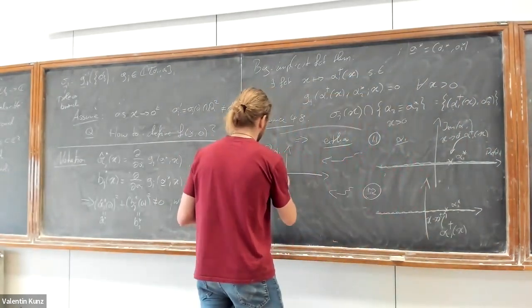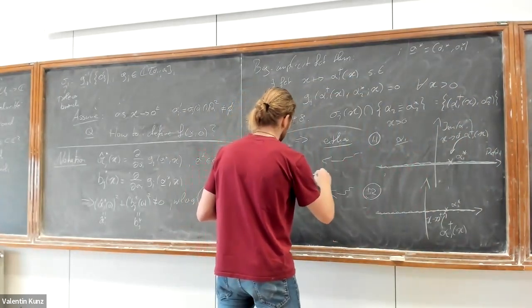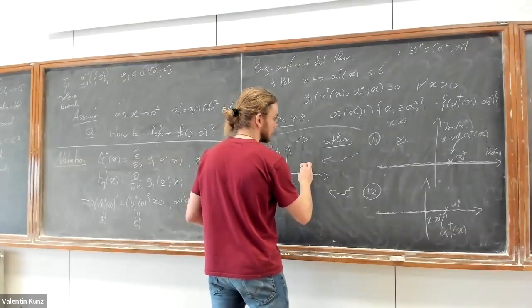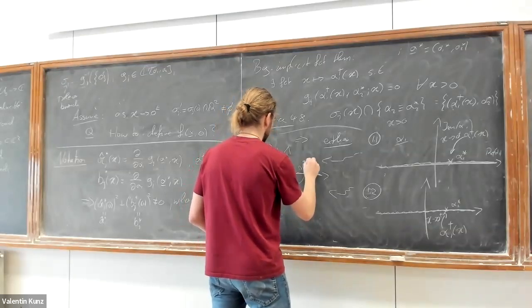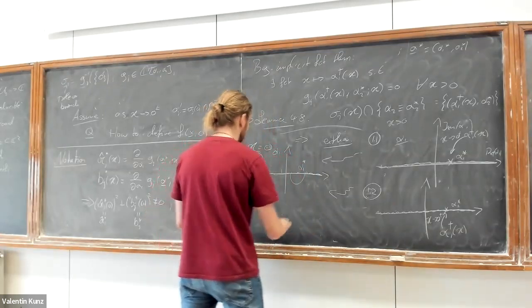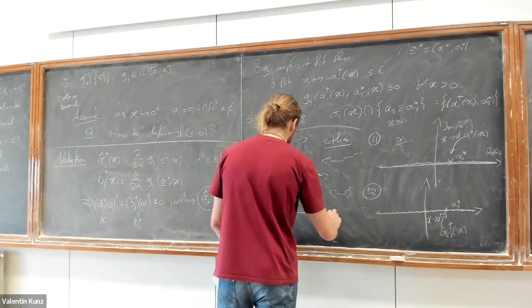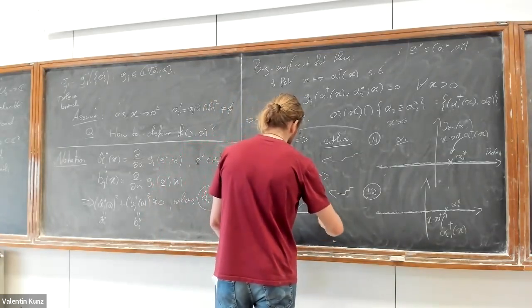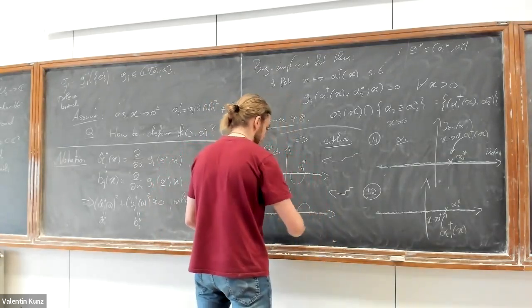And now we change the real axis, something like this. Or we could have 2.2. Okay, something like that.